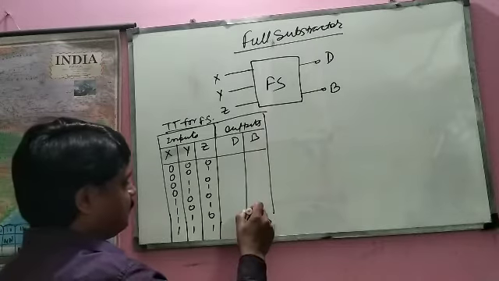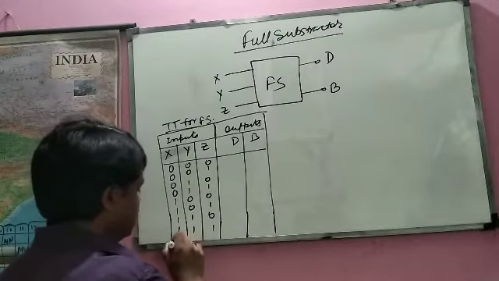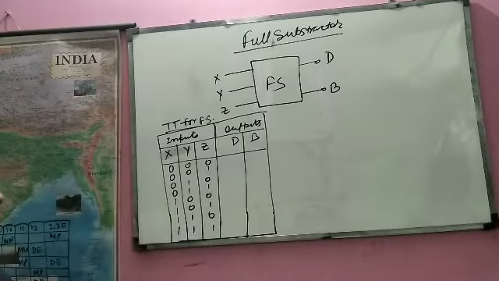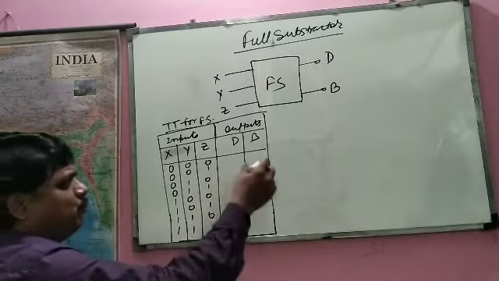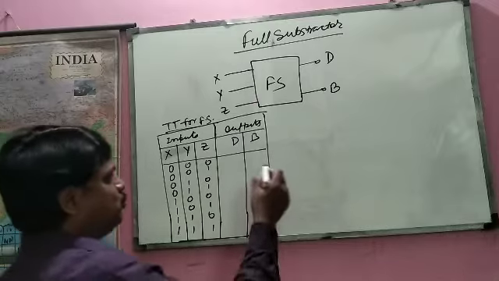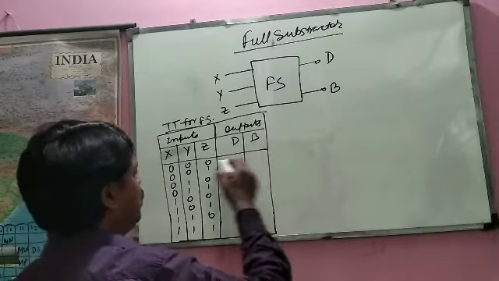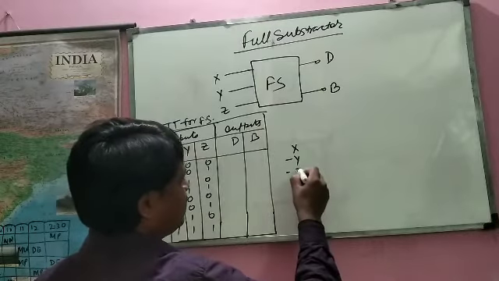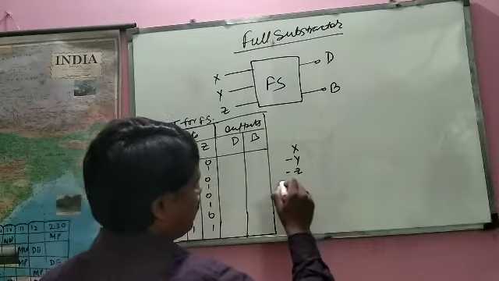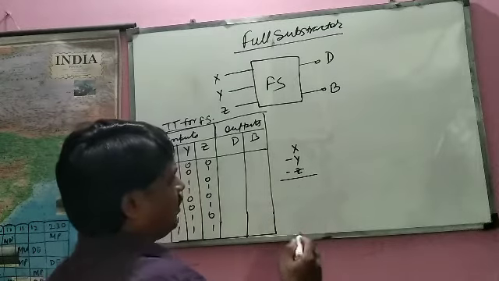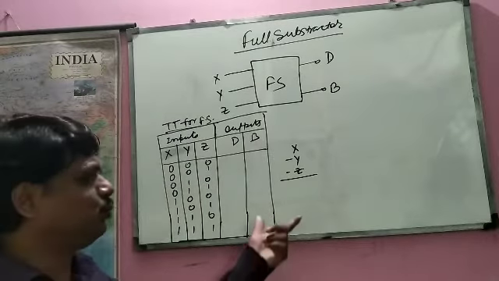But the magic is here. Now we have to fill these values. What we have to do is x minus y minus z. This operation we have to perform, and after that we will have two things.